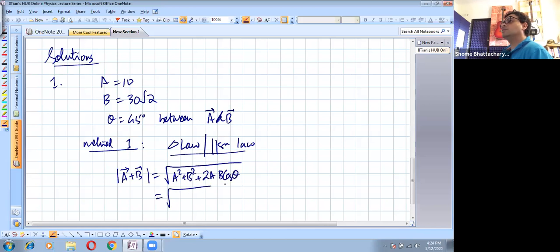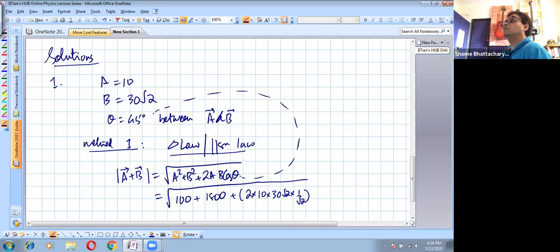So we substitute all this. That's 100 plus 1800 plus 2 into 10 into 30 root 2 into cos 45, which is 1 by root 2. But we'll substitute theta directly over here as 45 degrees.